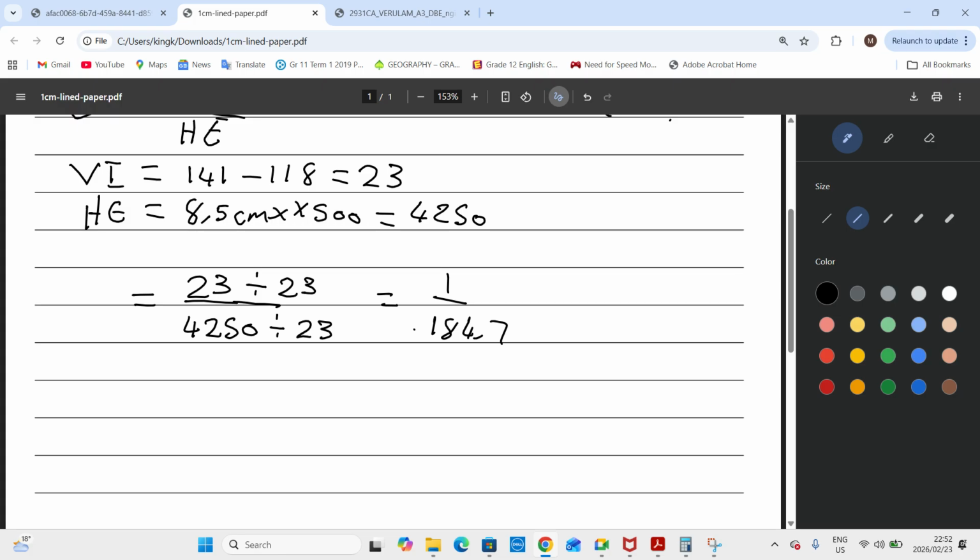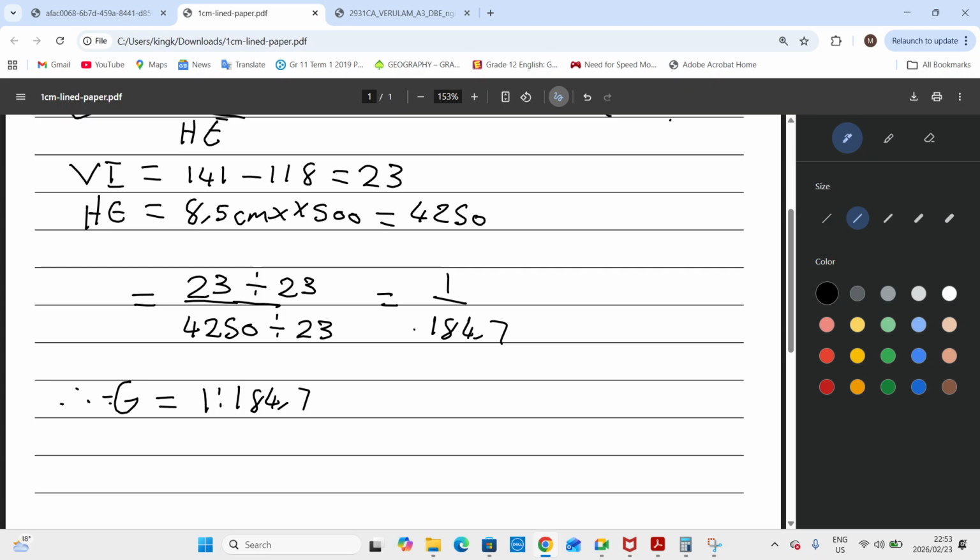Don't forget that. Gradient will always be represented in a ratio format. So for our final answer, you and I are going to say, therefore, gradient is equal to 1:184,7. This is your answer.